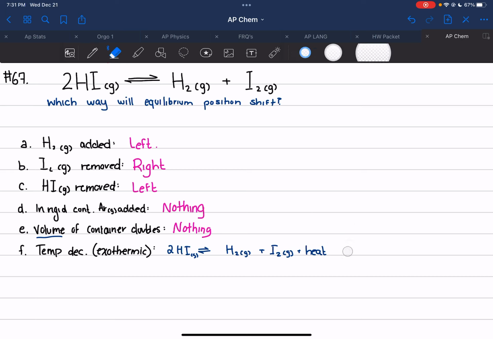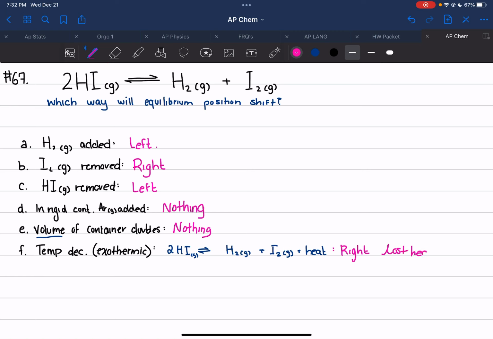If your temperature is going down, you're obviously going to have less heat, which means that you technically have less product. So it's just like you're removing I2 or you're removing H2. Your equilibrium position is going to shift right because it has to compensate for the lost heat.